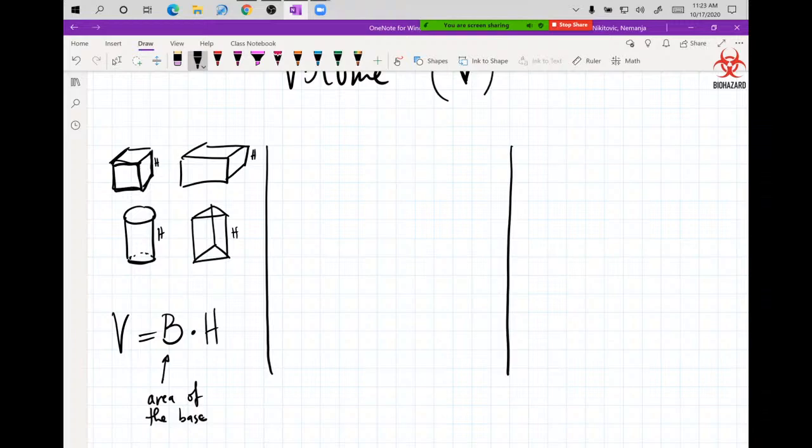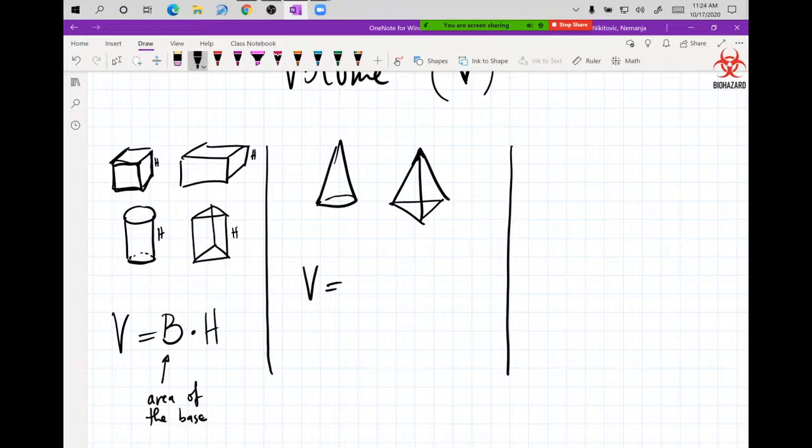Then we move to the second category, which are cones and pyramids. Call them spiky objects. You have a cone, like the ice cream cone or the top of a witch's hat. You have your pyramids, whether those pyramids have 3 sides, 4 sides, 8 sides, whatever. The important part is they have this spike on top.